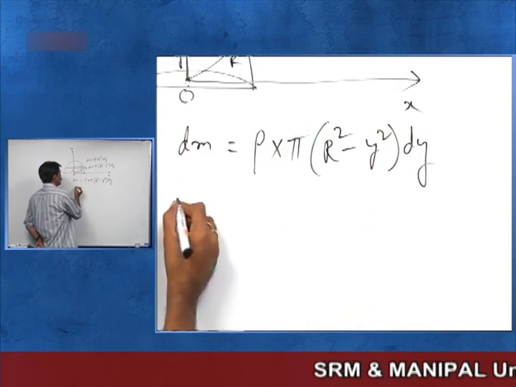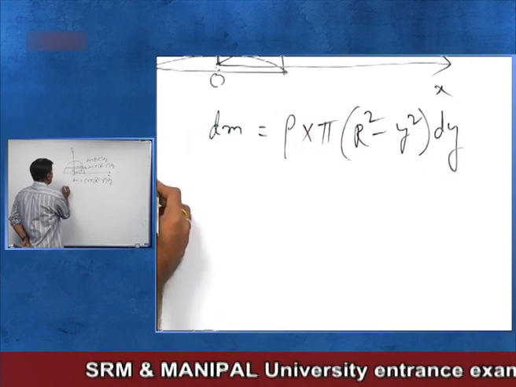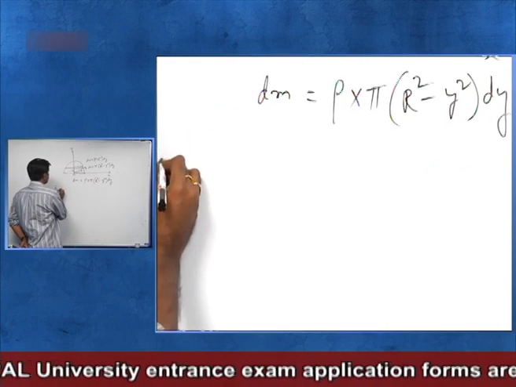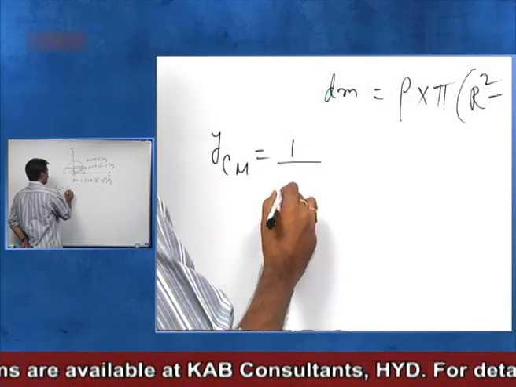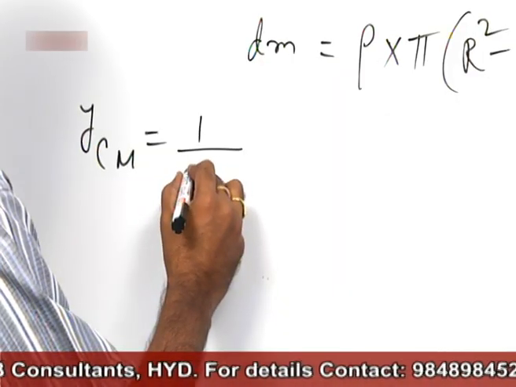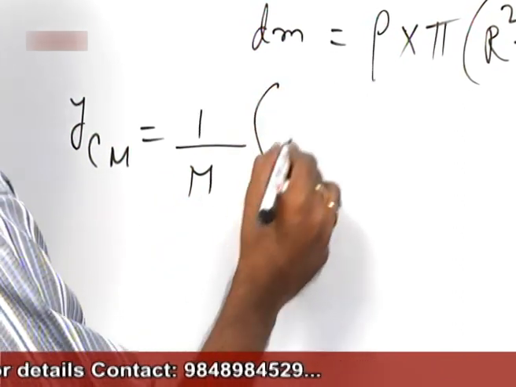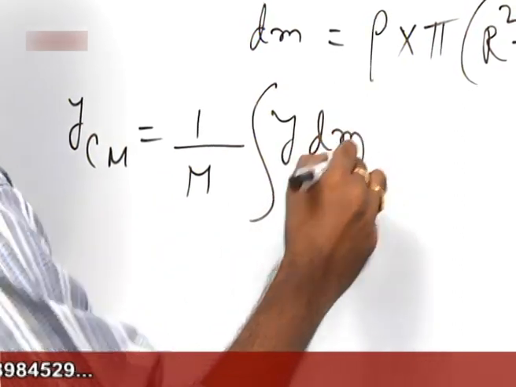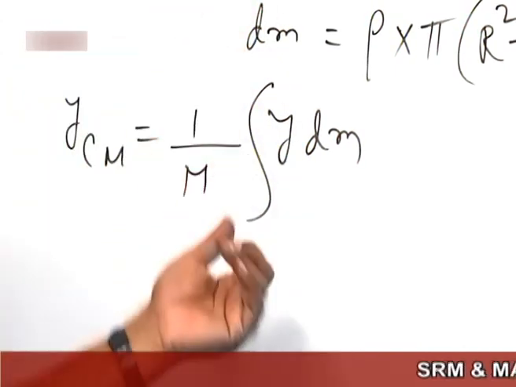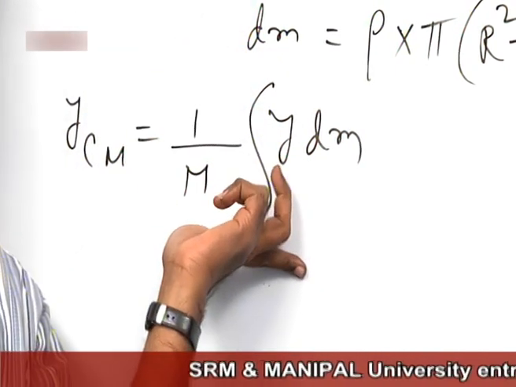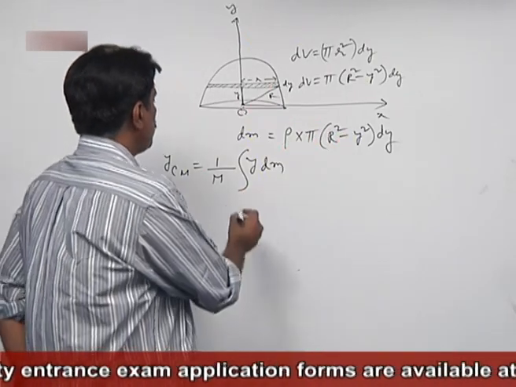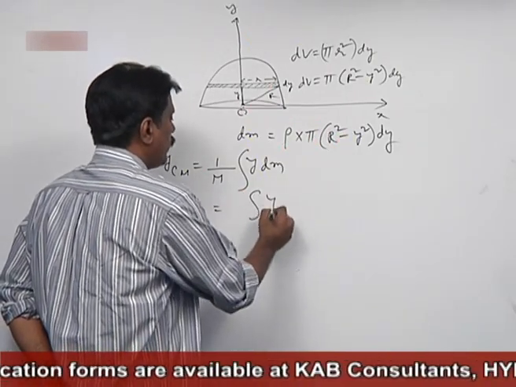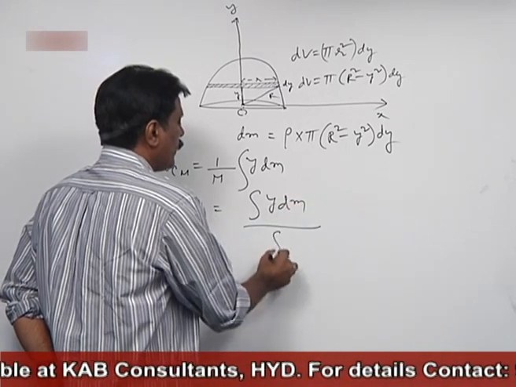Now, the y coordinate of the center of mass, as usual, is 1 by m integral y dm. We want the y coordinate, so we use this formula, which is also equal to integral y dm by integral dm.